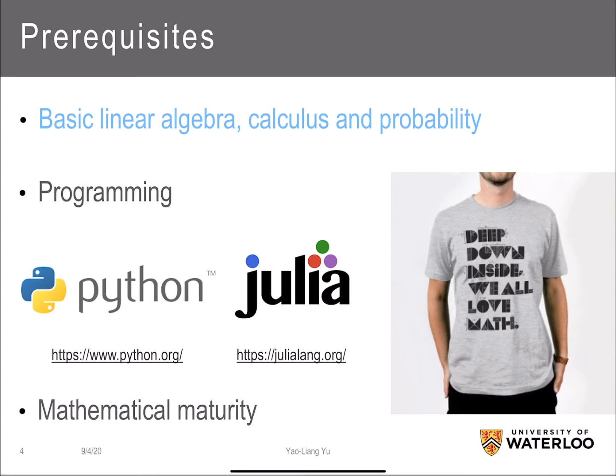Julia is a relatively new language that is very friendly and easy to learn. Both of them are easy to learn, so even if you are new and have not much programming experience, you can still pick up the two languages fairly quickly by going through the tutorials on their websites.